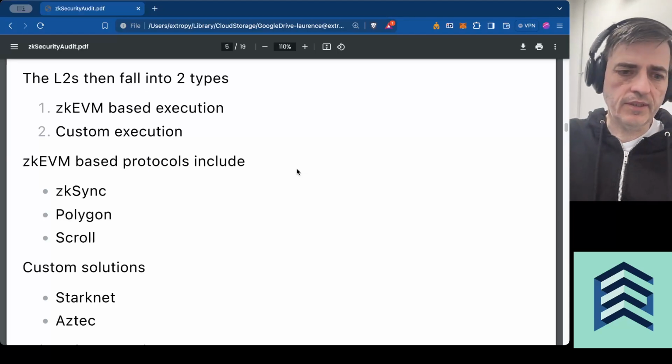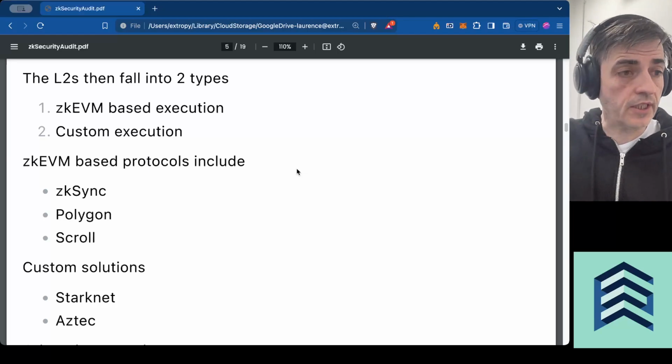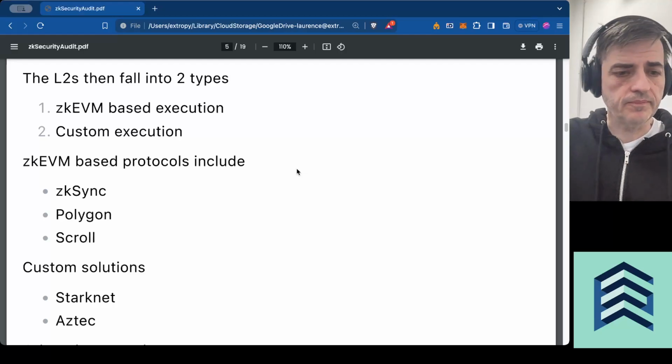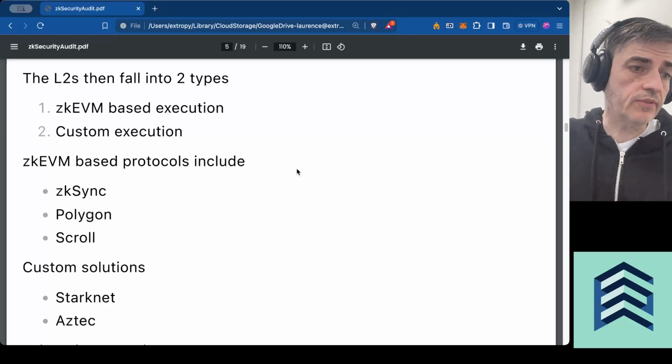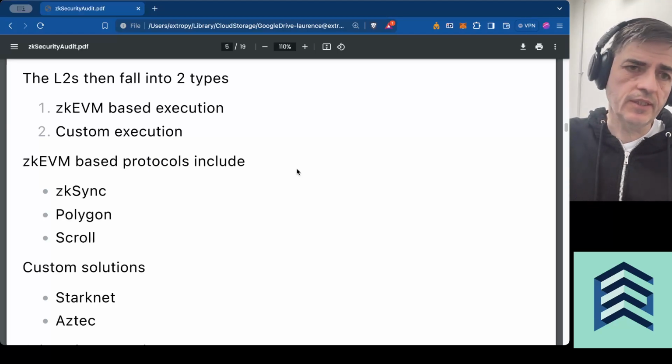And then for the execution of the transactions on this zkEVM, we can create a proof of that, and then that proof is sent to the layer 1, where a verifier contract will check that it is being done correctly.